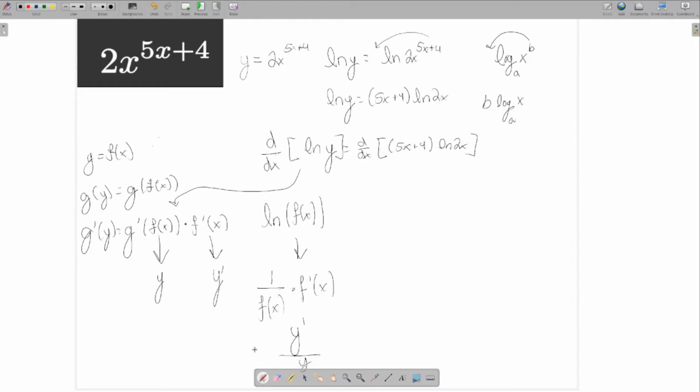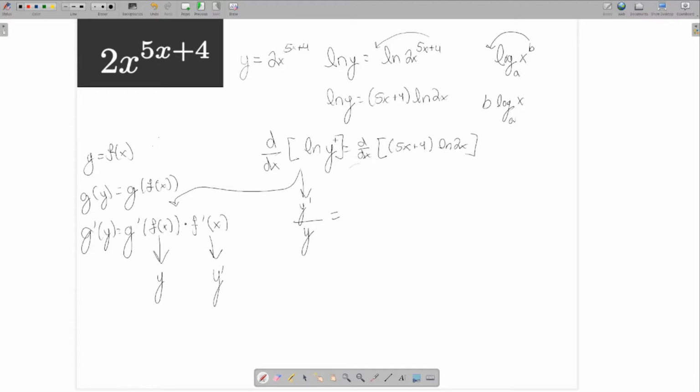Now we're reaching the bottom of the screen, so I'm going to erase this and bring this back up to the top. So now we have our derivative of this left side. That was the hard part.